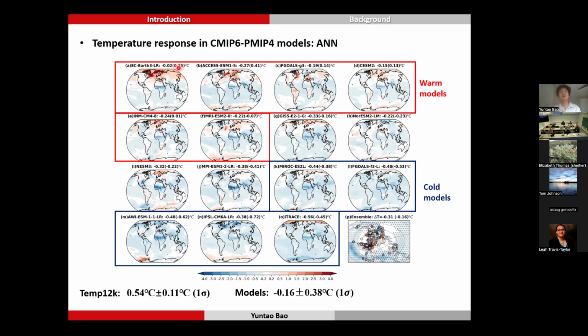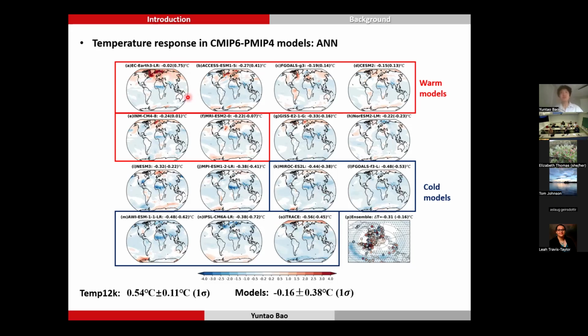So only this model simulates a comparable magnitude of temperature to that shown in the proxies, while other models show a relatively weak Northern Hemisphere warming. Especially in iTrace, our transient simulation, the temperature response over the Northern Hemisphere in the mid-Holocene is negative. It tells us the mid-Holocene is cooling, instead of warming as in the EC-Earth model.